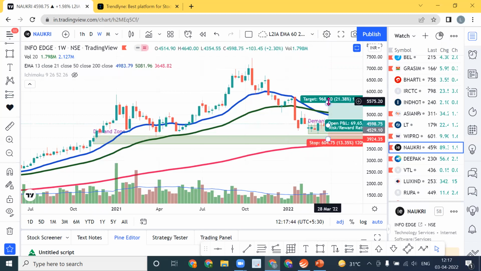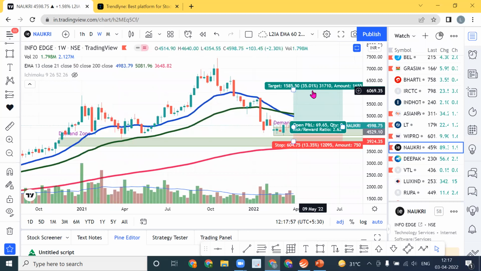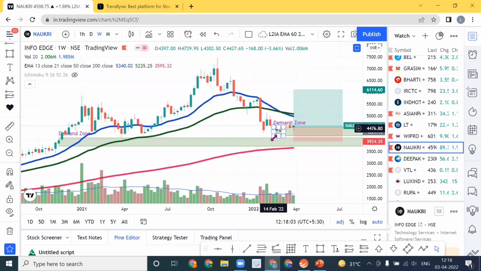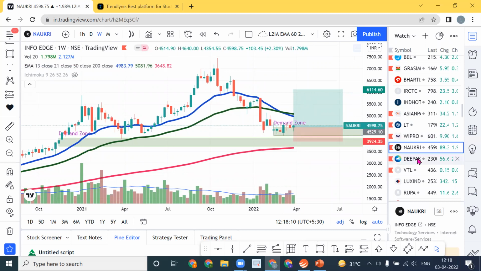And the target can be your upper levels. So it is in the ratio of 2:1. For 1 rupee loss, 2.6 is the gain which I can make. So I can buy at this level, stop loss is here, and the target is up.